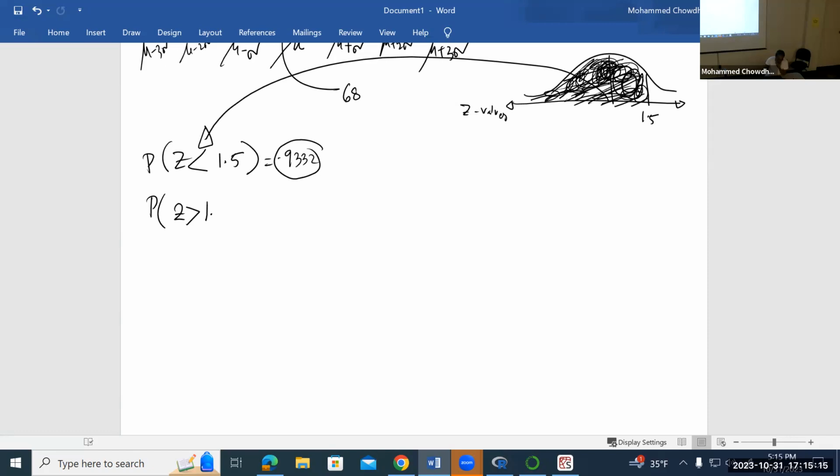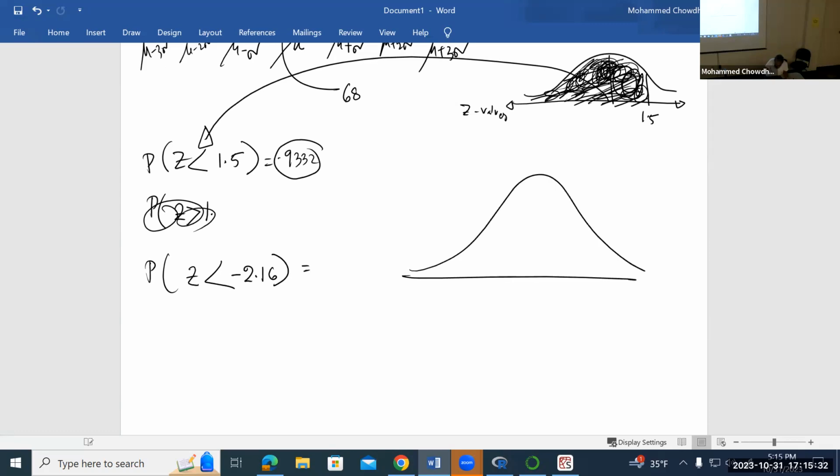So now if I want to show the second one, probability of Z less than negative 2.16. Negative 2.16 equal to what? Let me draw the graph. This is the graph, and this is negative 2.16.